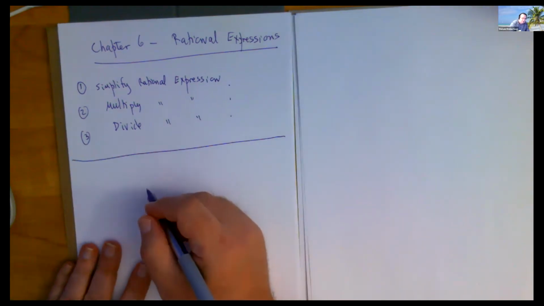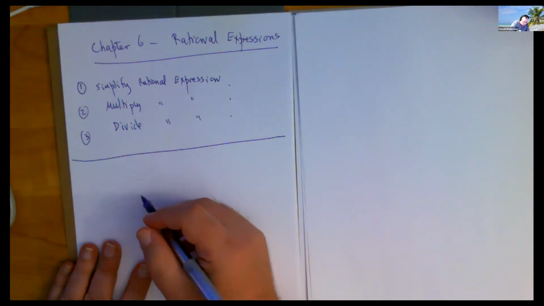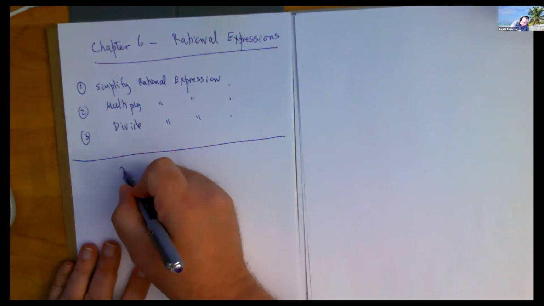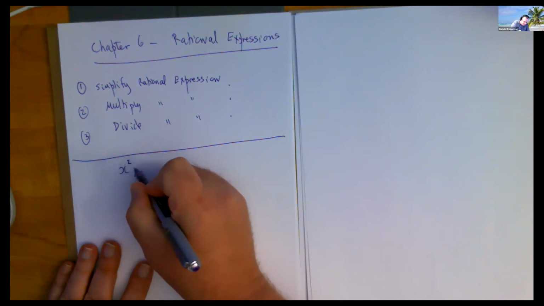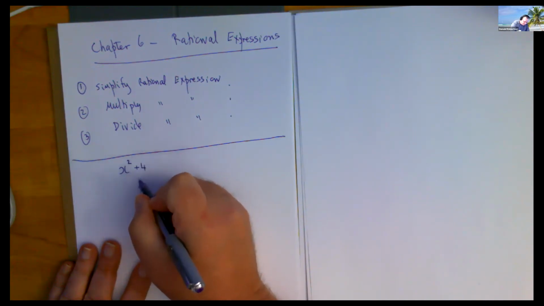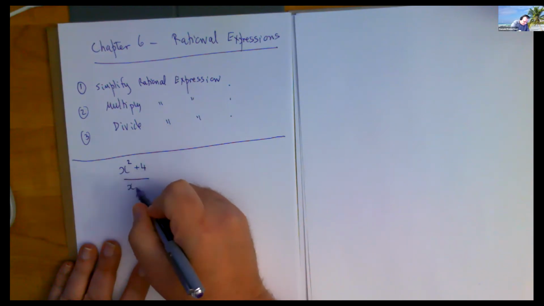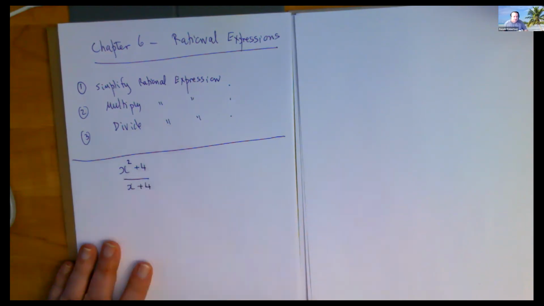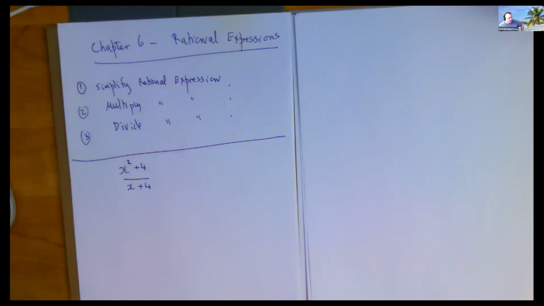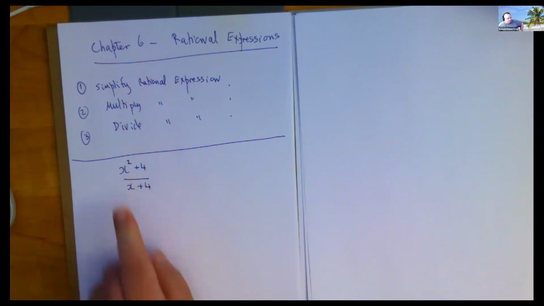Let's give you an example of a rational expression and some of the things that you have to be aware of. That is an example of a rational expression. Think of fractions. That's what it is. X squared plus 4 over x plus 4. It's a fraction.